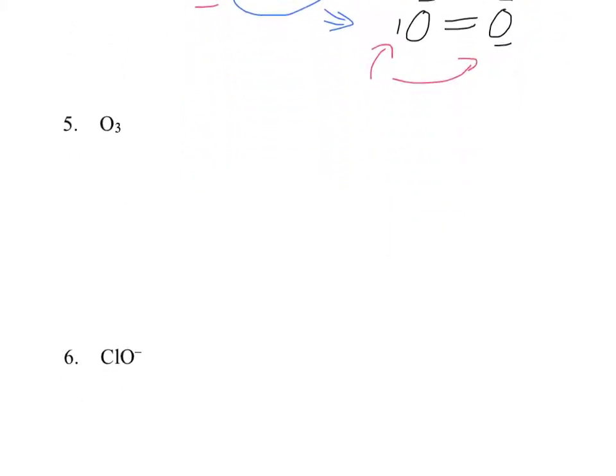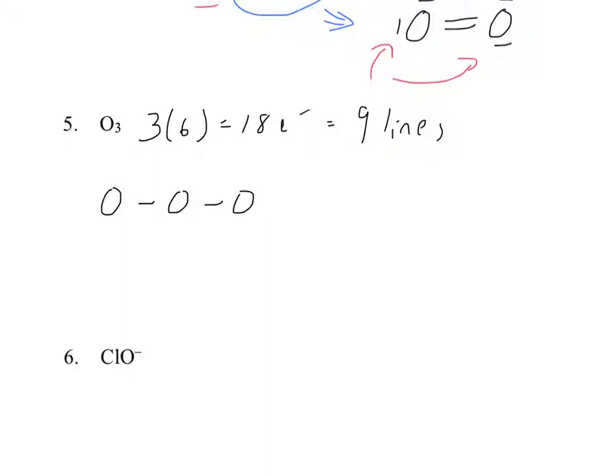On to ozone. We've got 3 atoms, each with 6. That's 18 electrons, 9 lines. So we'll connect each oxygen by a single bond and start to fill in with the valence electrons.